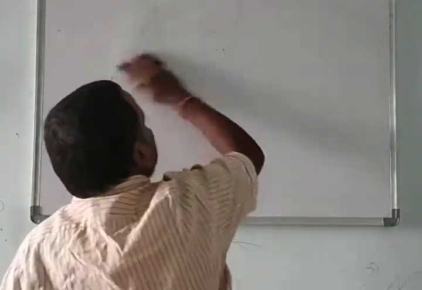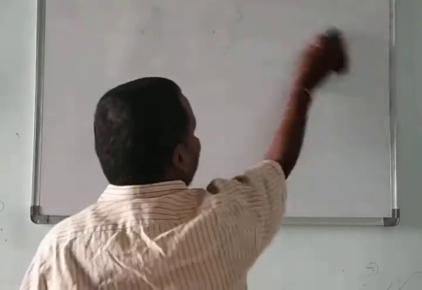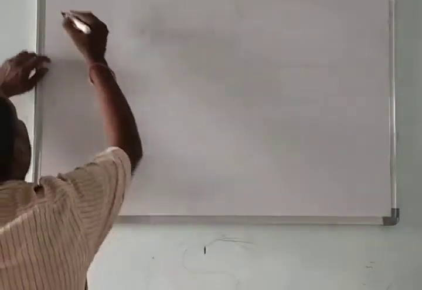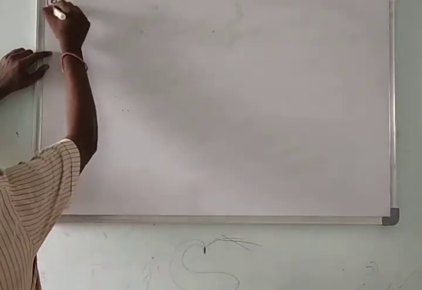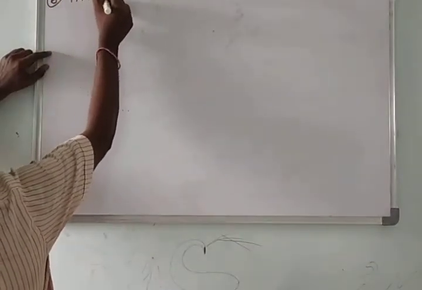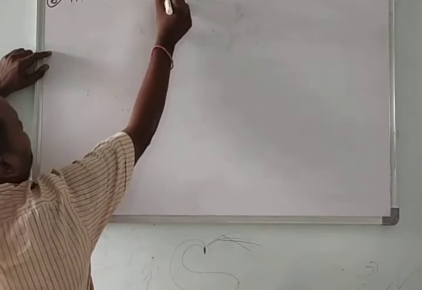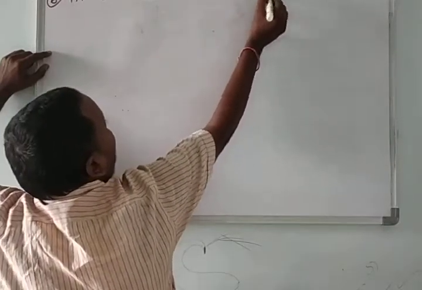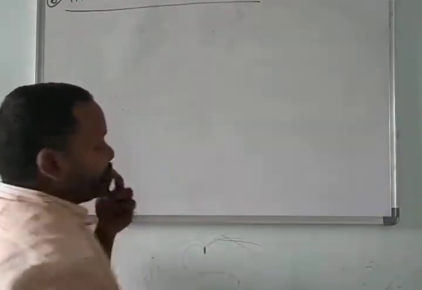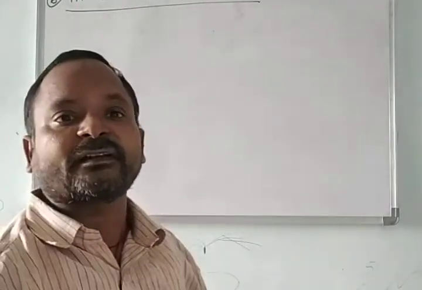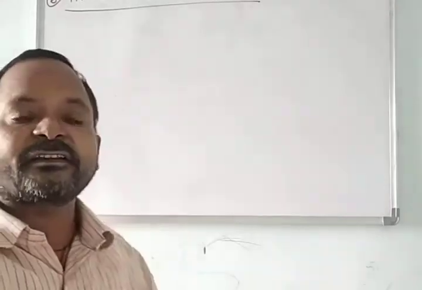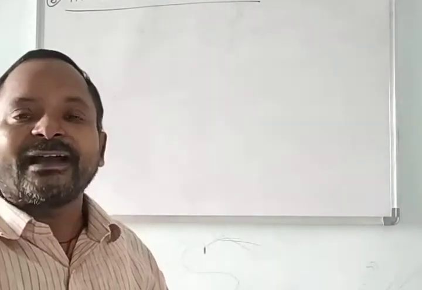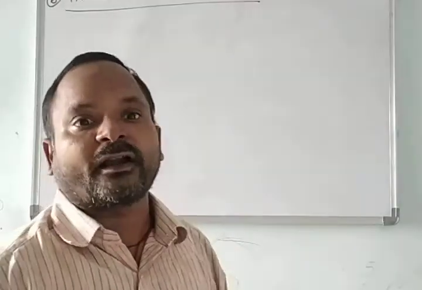Okay, then in continuation we'll see the Arndt-Eistert synthesis. This is also one of the important ones. This is used for the preparation of carboxylic acid, higher carboxylic acid from lower carboxylic acid.